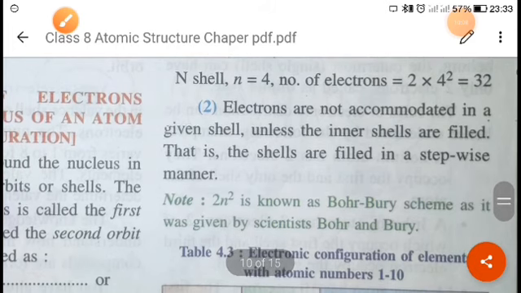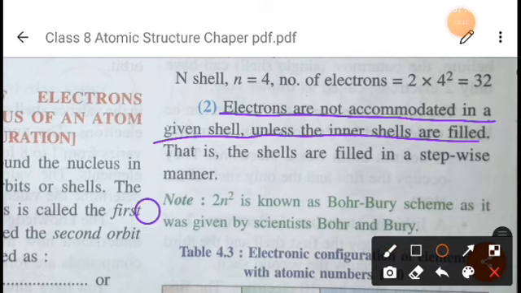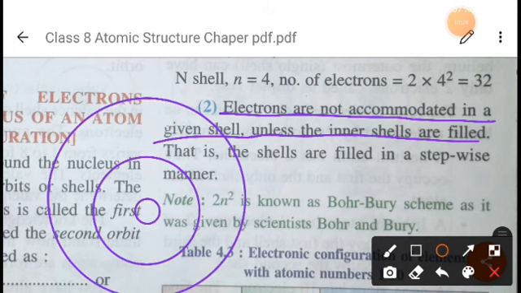Now next is what? Electrons are not accommodated in a given shell unless the inner shell is filled. Means what will happen, how will the arrangement be? Let me draw here. This is the nucleus, this is the first shell, this is the second shell. Okay, so suppose there are 4 electrons. How will the filling start?